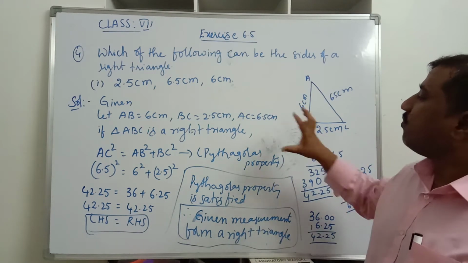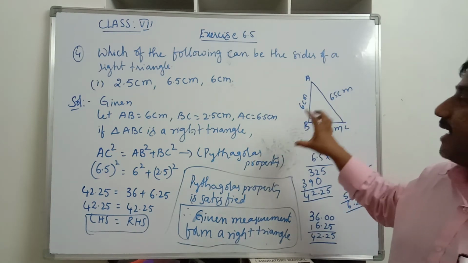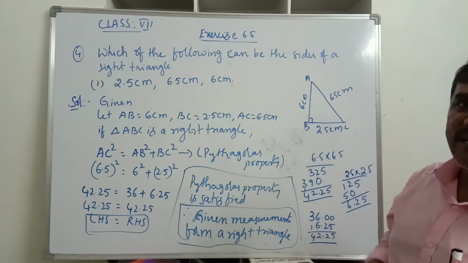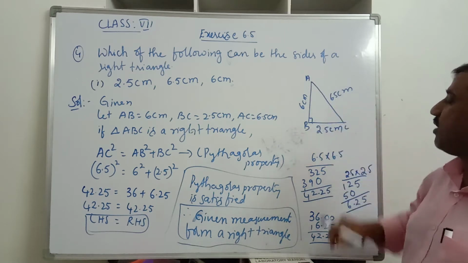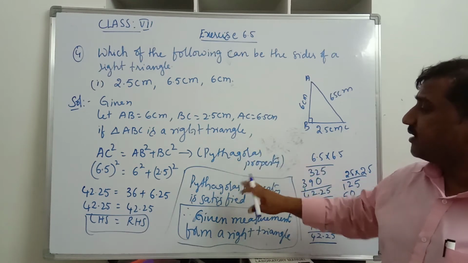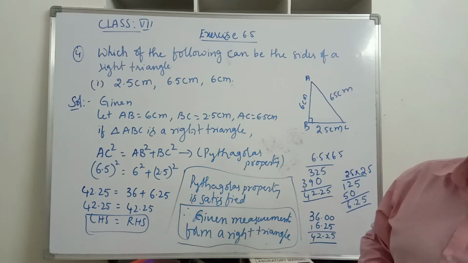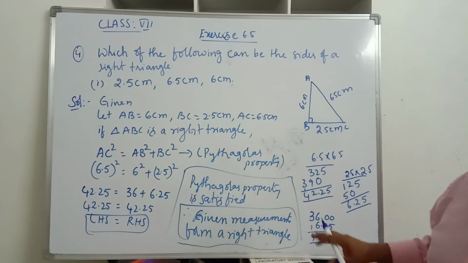So here we should check whether the Pythagoras property is satisfied or not. What is Pythagoras property? The square of the hypotenuse is equal to the sum of the squares of the other two sides. If we prove that, then we can say the given measurements form a right triangle. Is it clear, children? Yes.